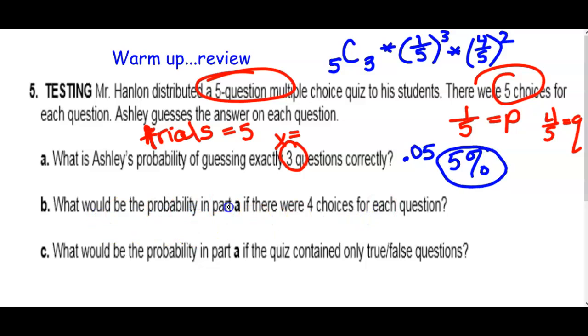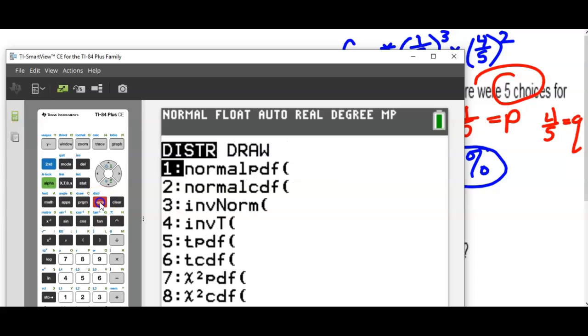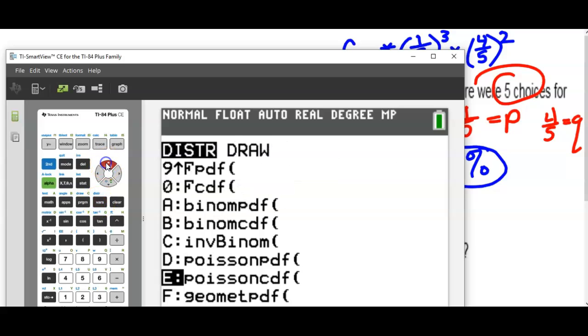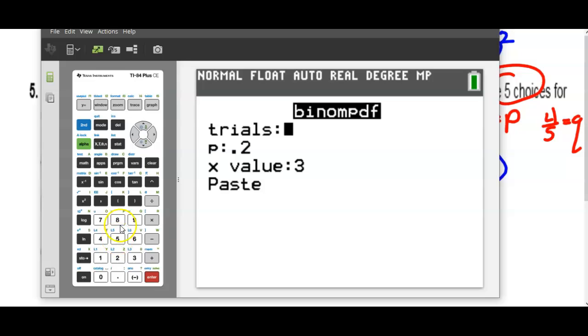All right, what is the probability in part A, so she still gets 3 right, but if the number of choices went down, so the probability of success is now 1 out of 4, and the probability of failure is now 3 out of 4, because there's 4 choices. So if we go back here, we certainly could have gone in and just changed those calculations we just did as well. But from this screen, we're down 5 questions asked still, 3 she wants to get right.